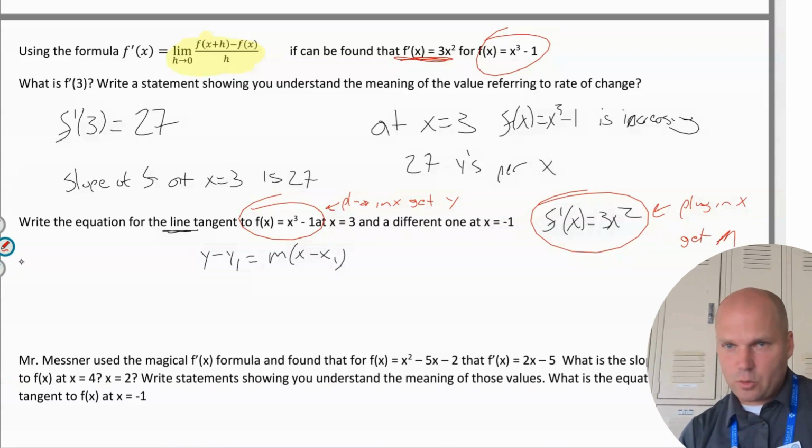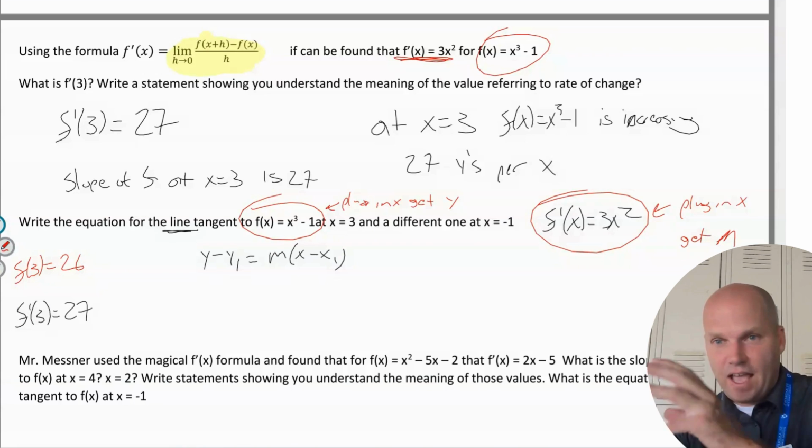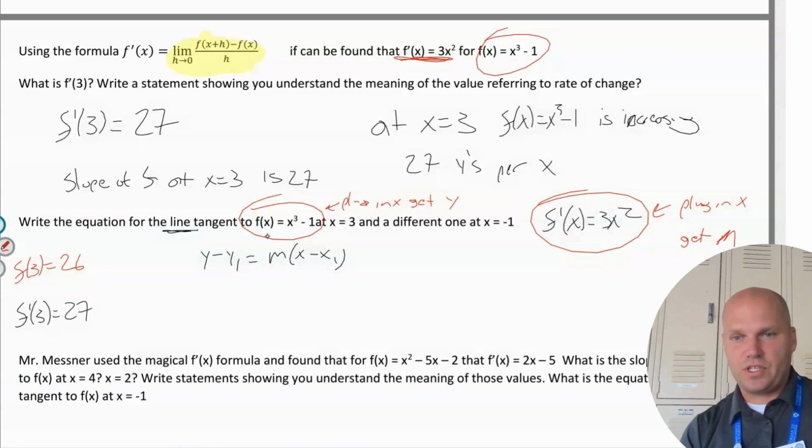So all you need to do is plug in 3, get 26. Plug in 3 to get the slope of the tangent to f at 3, and that's 27. Here is my y1. Here is my x1. Here is my m.